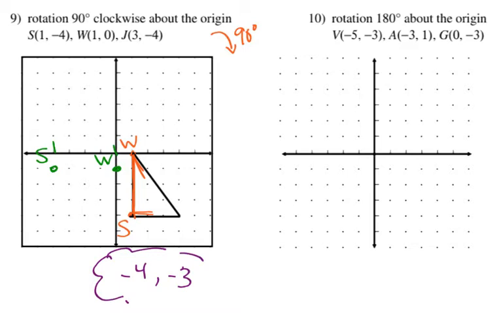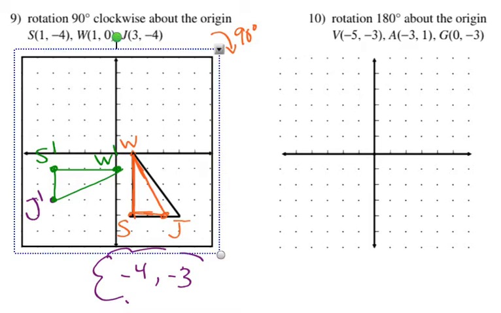I plotted the original J in the wrong place. So that means my triangle's a little off. I apologize if you followed what I did, then let's just go with it. So anyway, -4, -3 ends up being right here, and that's J prime. I was doing it in green. Anyway, we get this new triangle, and that's it.